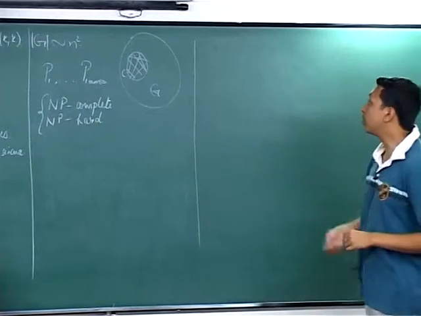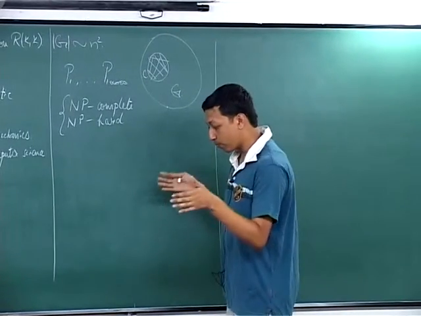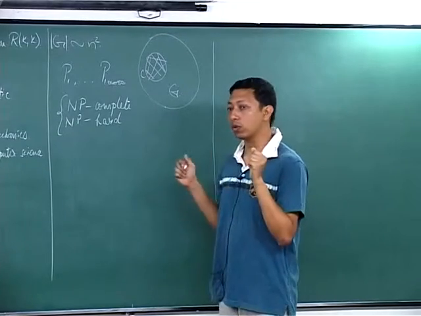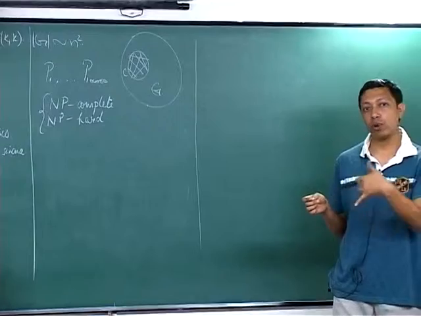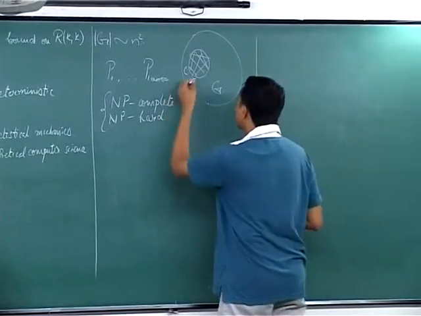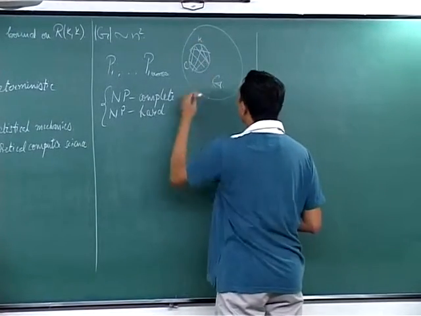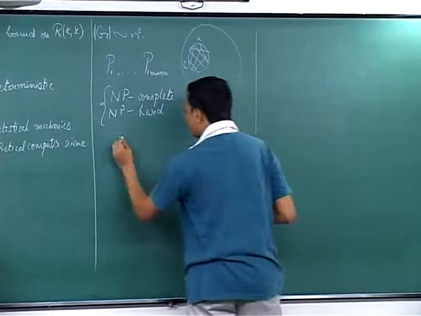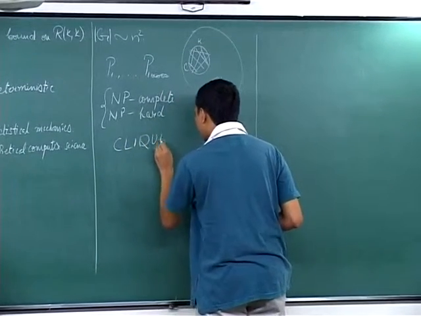So what does NP complete or NP hard mean? It means that given a problem instance, you have a certificate which is of polynomial size. So why do I go for a certificate? What is the problem instance? In the clique example, let's call the problem clique.